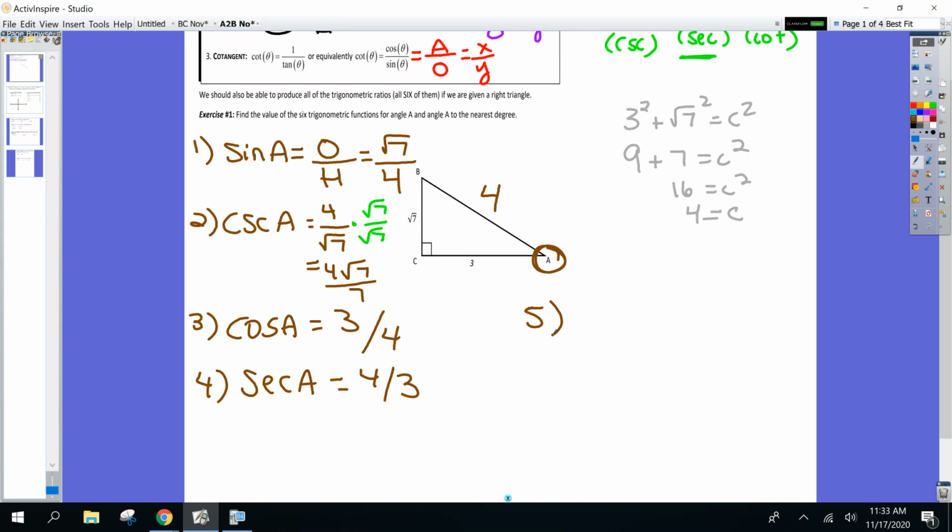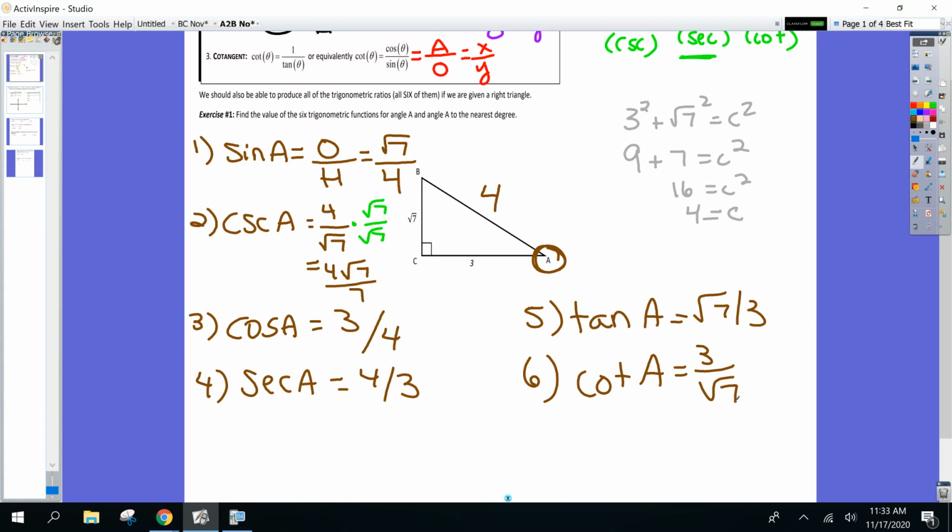We still have one more to go. Tangent. Yep. Tangent of A. Radical 7 over 3. Opposite, radical 7 over 3. Good. And then we'll just keep going. I won't even ask anybody. Now we'll find cotangent, and all I'm going to do is flip tangent. 3 over radical 7. What's the problem again, everyone?